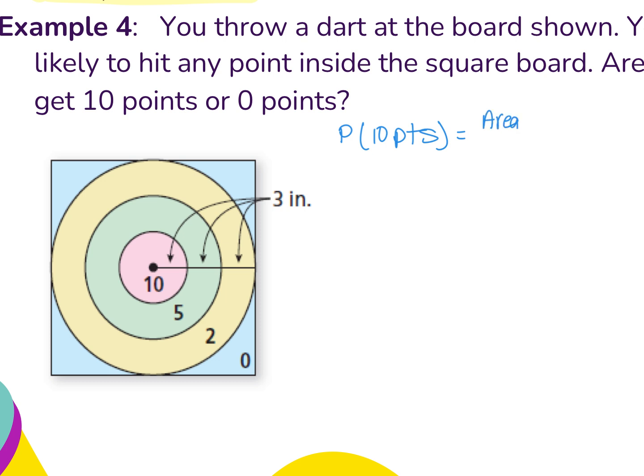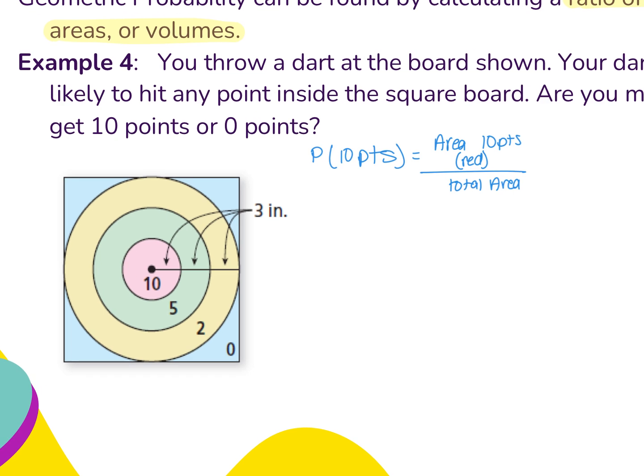So area of 10 points, which is my red section, over the total area. Can I find my total area? Yes, I can. I have a square. What's the formula for area of a square? Does anybody remember?